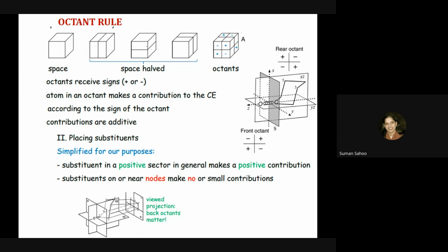Now for this cyclohexanone, you can have 2 different planes, in which you have a front octant with signs plus, minus, plus, minus, and a rear octant. An atom in an octant makes a contribution to the Cotton effect according to the sign of the octant. If a substituent or any group is present in a positive octant, then it will give you a positive Cotton effect, and if it is present in a negative octant, then it would give you a negative Cotton effect.